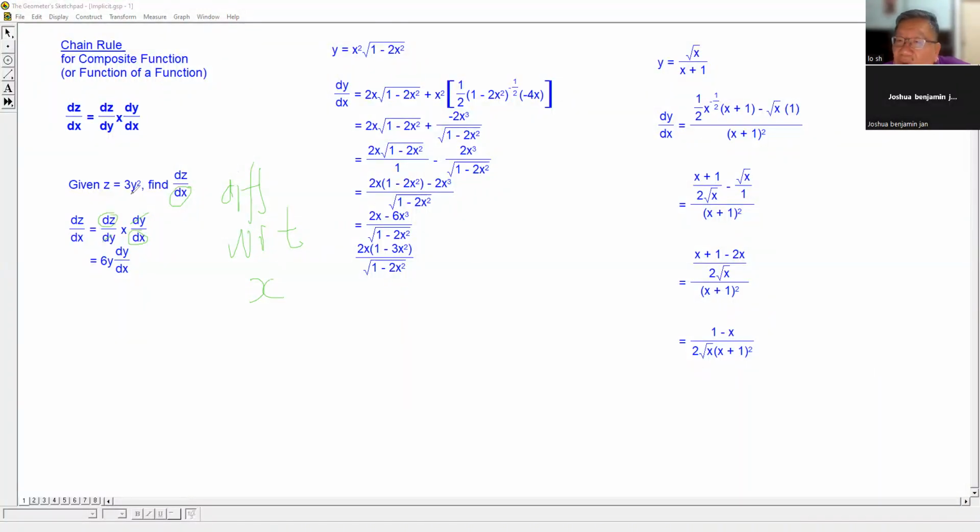I bring down the power, becomes 6, then the power less by 1, becomes 6y. Then the next part, dy dx. I do not know the relationship between y and x, so I just leave it as dy over dx. And this is the answer.